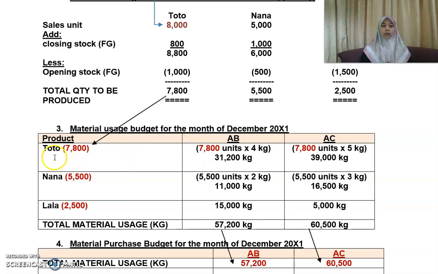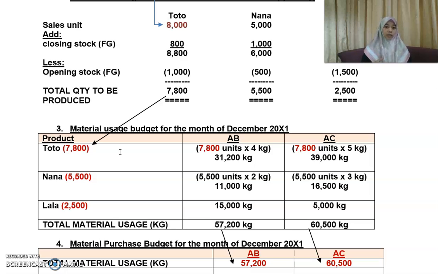To produce 1 unit of Toto, you require 4 kg of AB and 5 kg of AC. If you produce 7,800 units, then that will be 7,800 units times 4. If you can still remember our example earlier, we produce t-shirts.